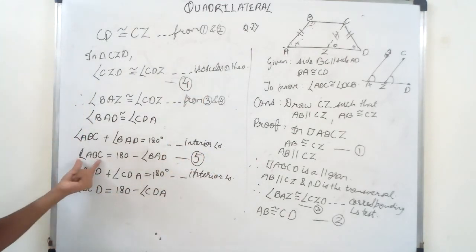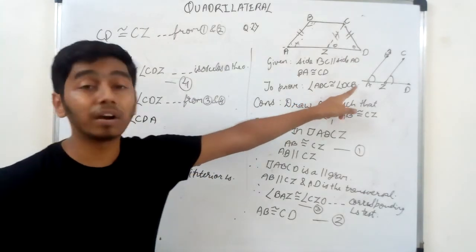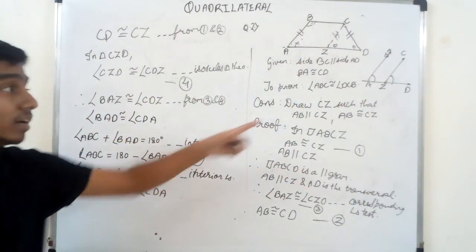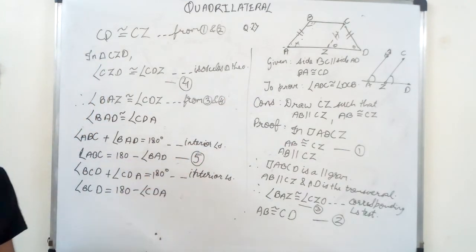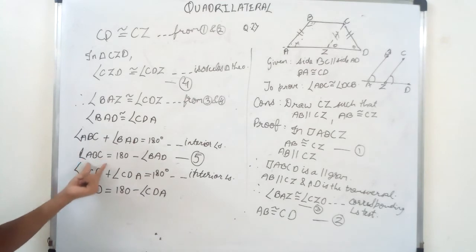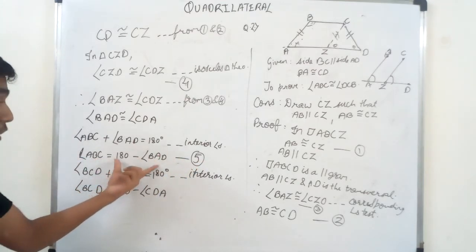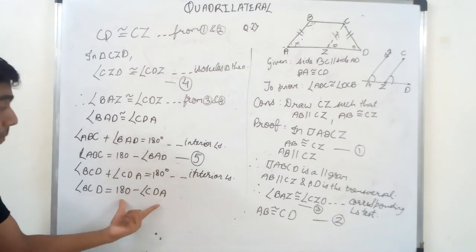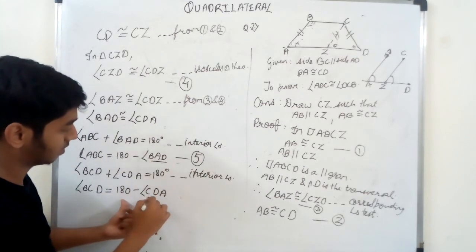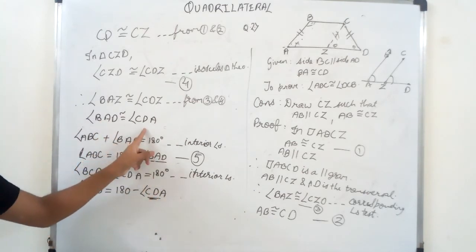Now we have to prove that ABC should be same as BCD or DCB, same thing. BCD or DCB, ulta or seedha, it is the same thing. Now, if we want to prove these two equations to be same, we need to prove that these and this should be same. But we already have, see, BAD and CDA, they are congruent.